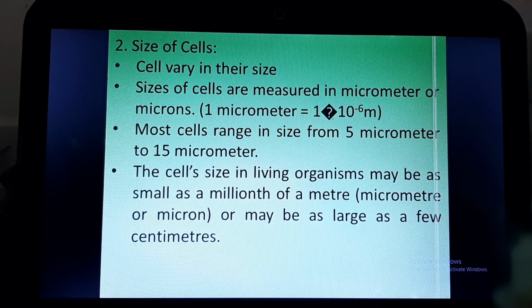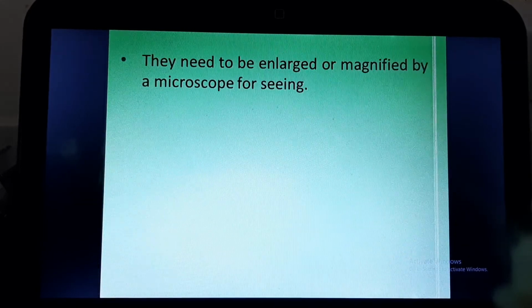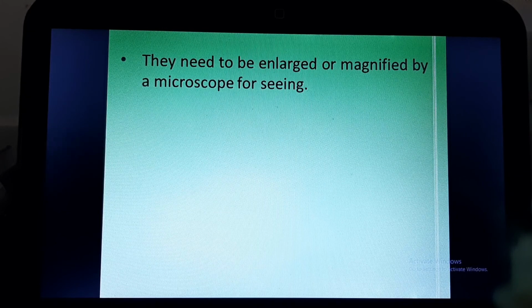So you can very well imagine that a cell will be a microscopic structure, but it is not always true. There are a few cells which we can see with our naked eyes also. Okay, so the microscopic cells are the cells which are minutest in size, and a microscope is required to see them.